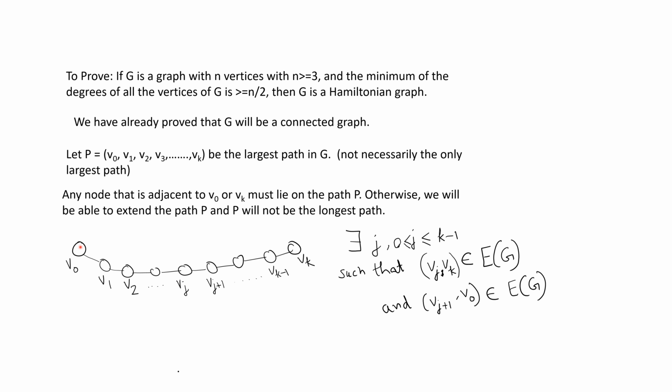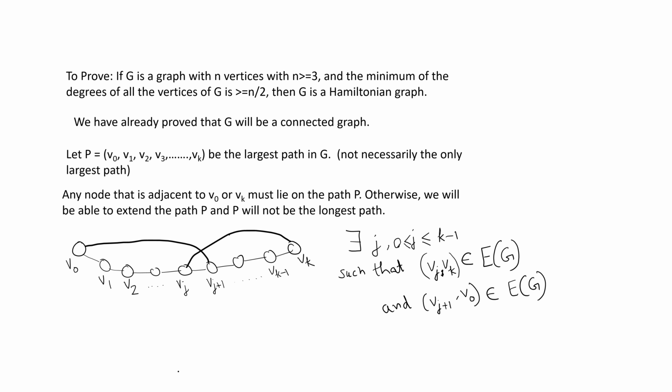Obviously, if this is Vj, then the next one will be Vj plus 1. Suppose Vj and Vk are adjacent to each other, and Vj plus 1 is adjacent to V0.